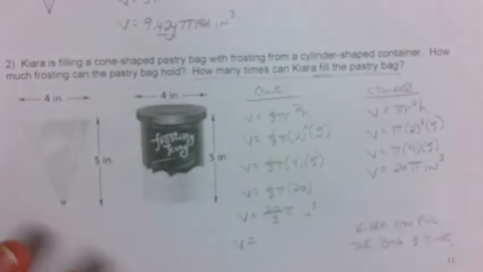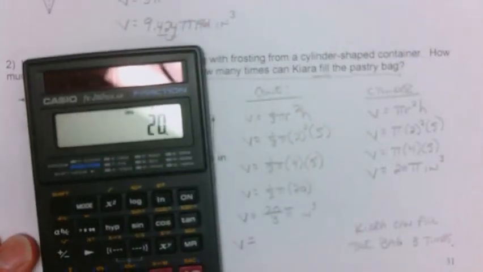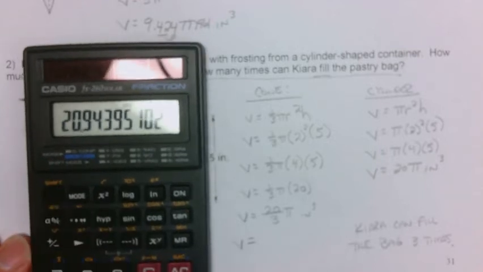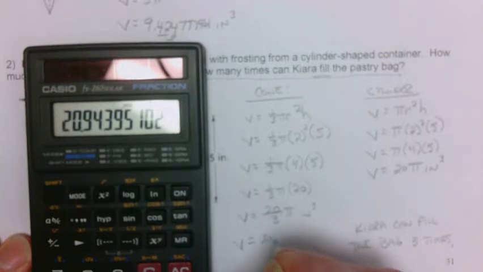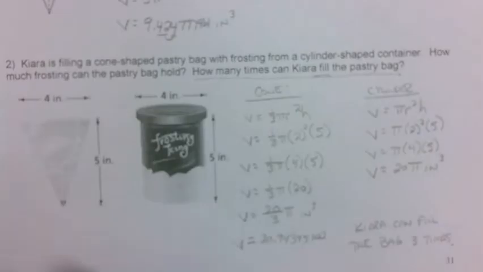Okay, so in my calculator here, I'm going to do 20 divided by 3, and then times pi. And there is my number. So I'm going to have 20.94395102. Okay, and so now I'll round this to the nearest cubic inch.